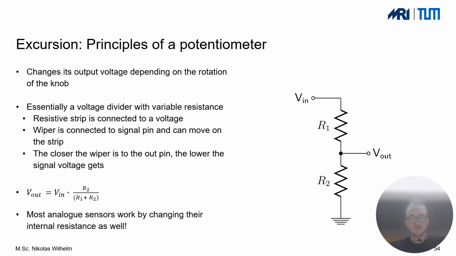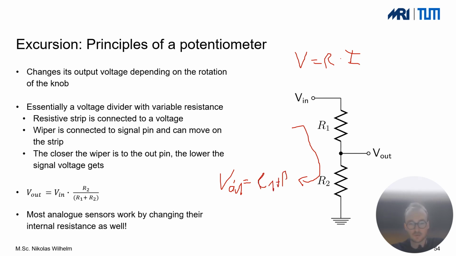We can remember one of the most basic formulas in electrical engineering, which is V equals R times I. On the left side, we can see that V in is R1 plus R2 times I. And on the right side, we have the same, but only with R2.